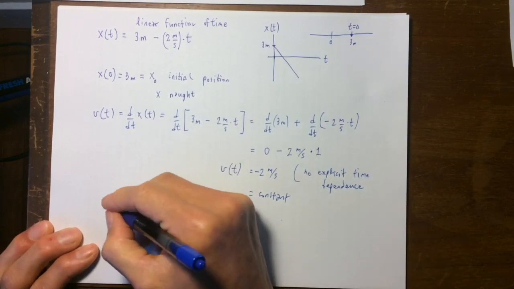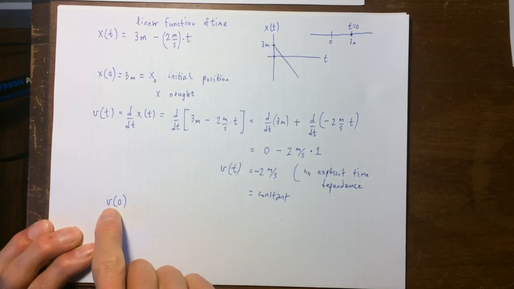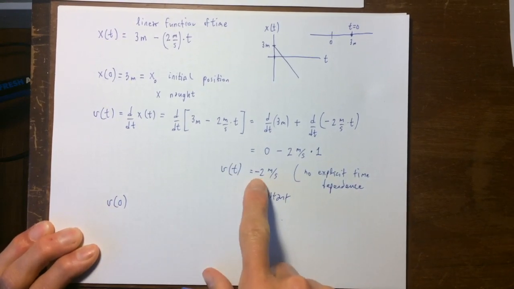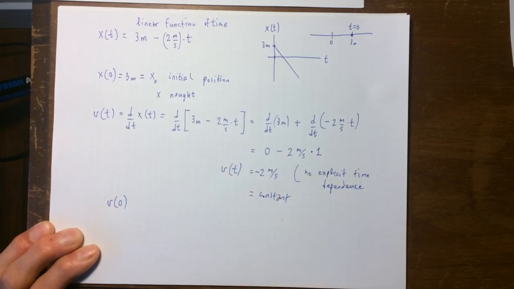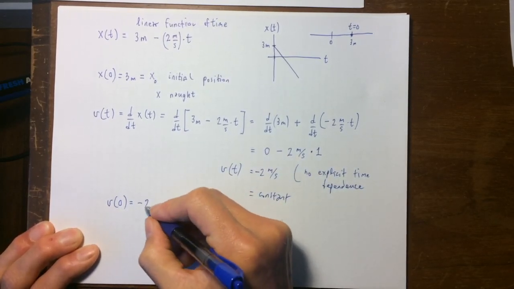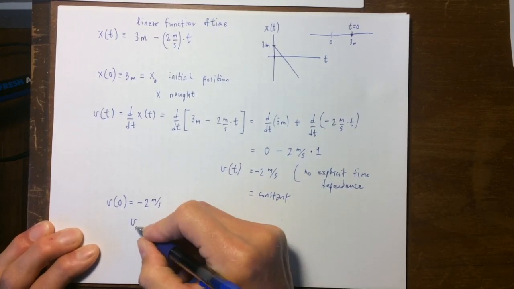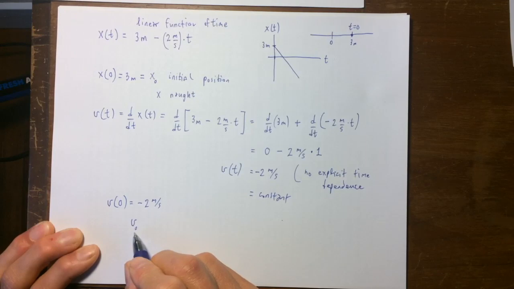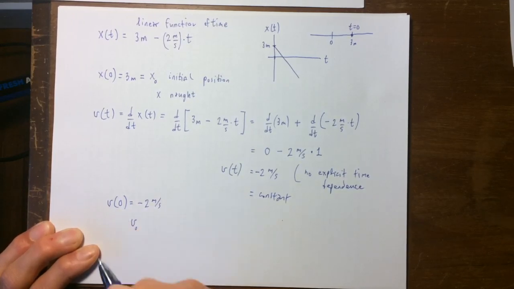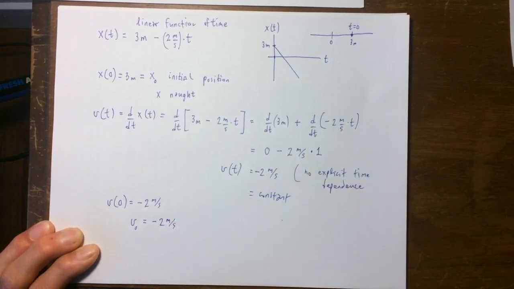So you might ask, what is v at 0? What is the velocity at time t equal to 0? Well, it's the same as the velocity at any other time because there is no time dependence. It's this constant value, negative 2 meters per second. A quick shorthand is to say that the initial velocity, the velocity that we start with at t equals 0, has the value minus 2 meters per second.